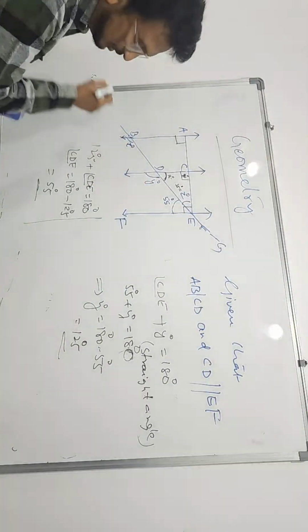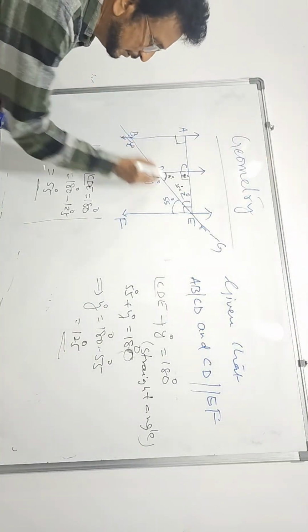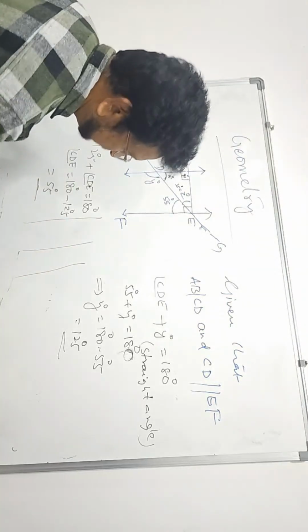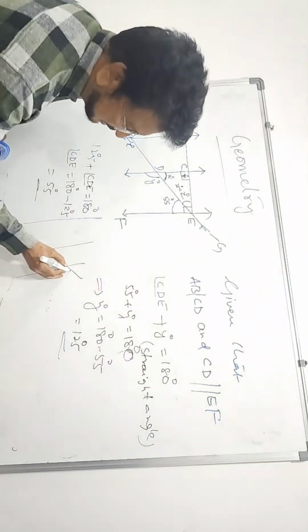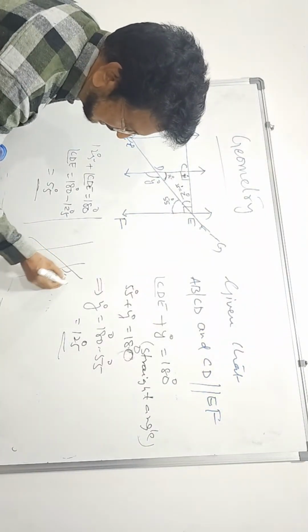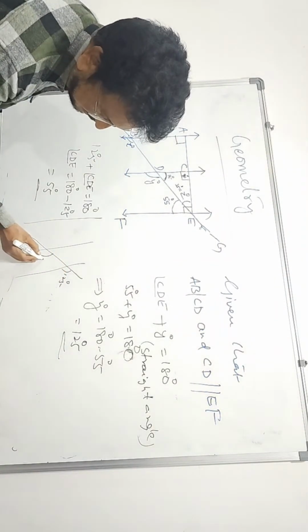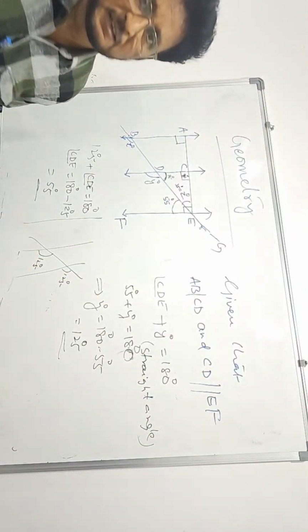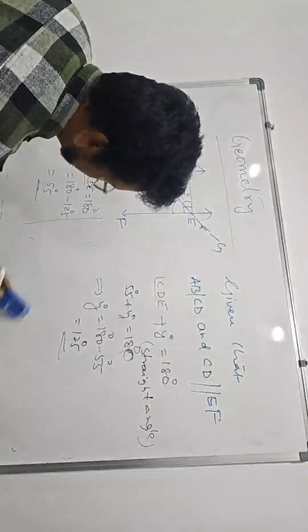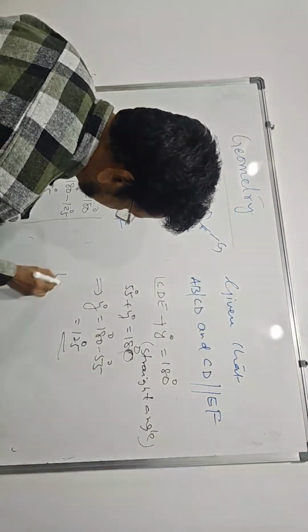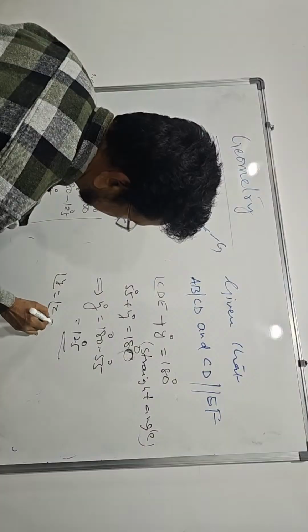Then X also be 125 because these are corresponding angles. See here, these are parallel lines. If a line is intersecting like this, if this angle is 125, its corresponding angle this also be 125. Corresponding angles are equal. Therefore, we can write here angle Y is equal to angle Z is equal to how much?